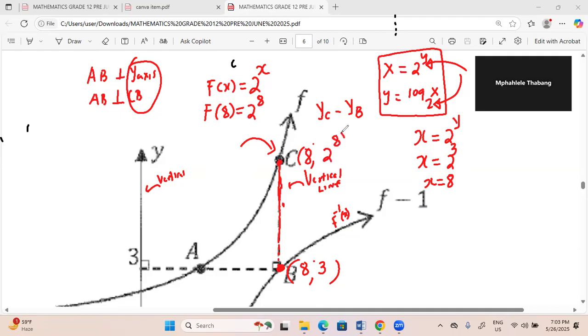You will press it on your calculator, and it will tell you how much is 2 to the exponent 8. And then you now take y at C, which is 2 to the exponent 8, you subtract y at B, which is 3. You found the distance of a vertical line CB or BC. Remember, the distance should never be negative. So the distance from B to C actually is 2 to the exponent 8 minus 3.